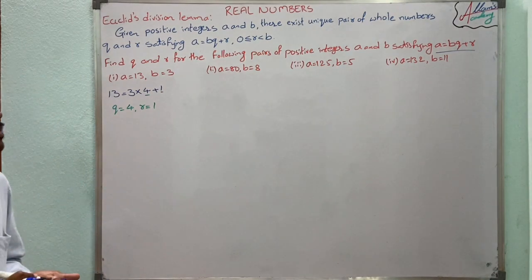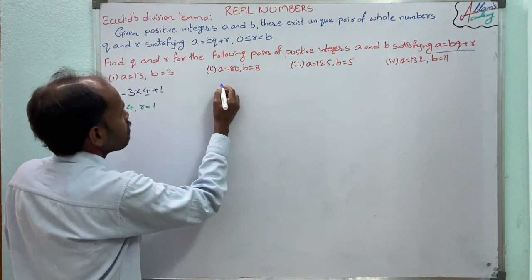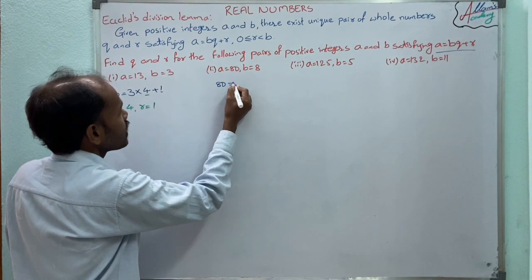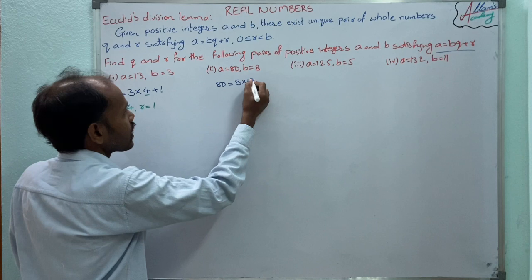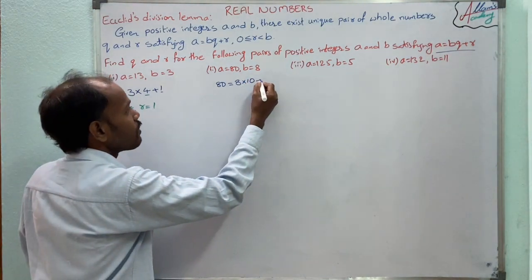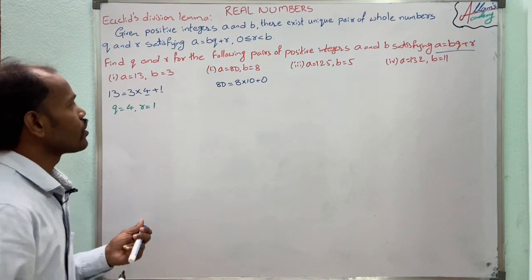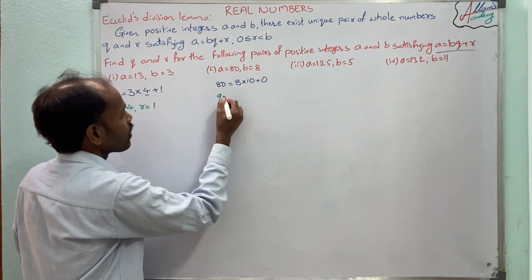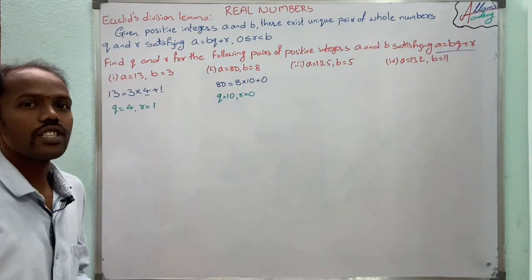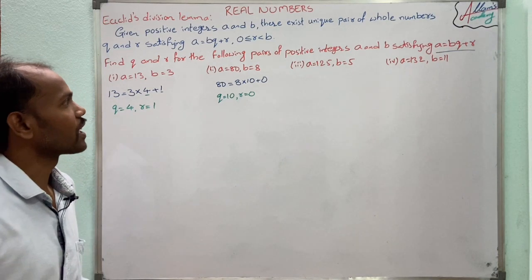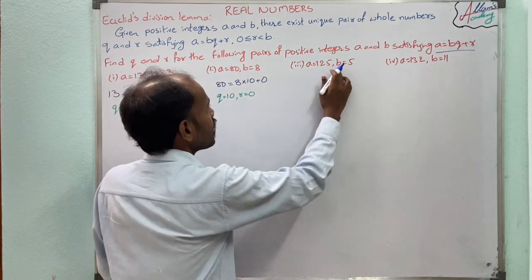Similarly, in the second problem, a equals 80, b equals 8 is given. So 80 equals 8 into what? 8 10s are 80. So here the remainder is 0. So q equals 10 and the remainder r equals 0. For the third problem, a equals 125 and b equals 5.